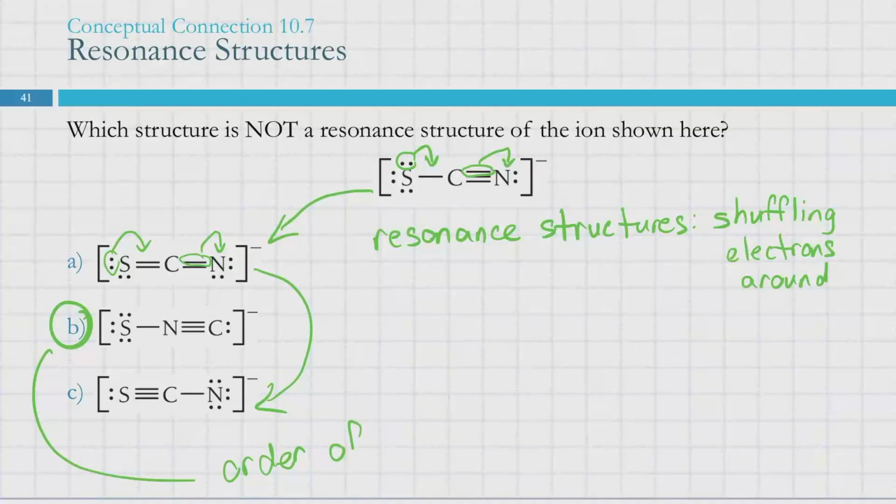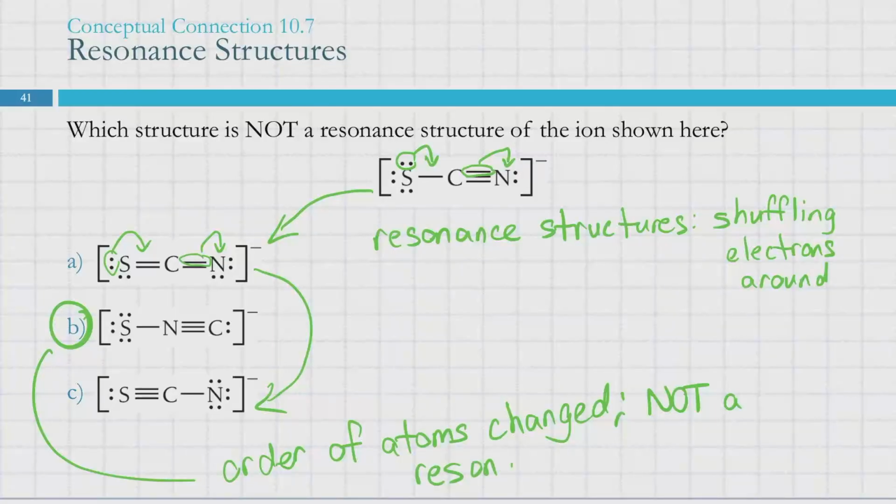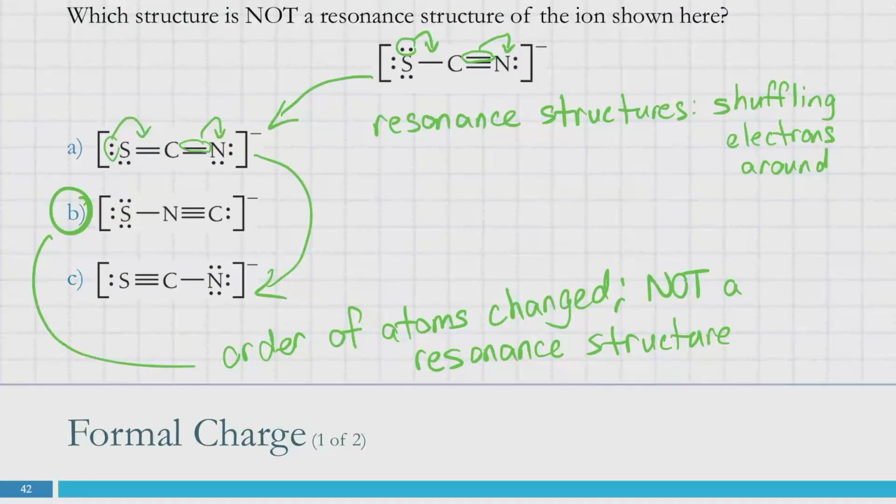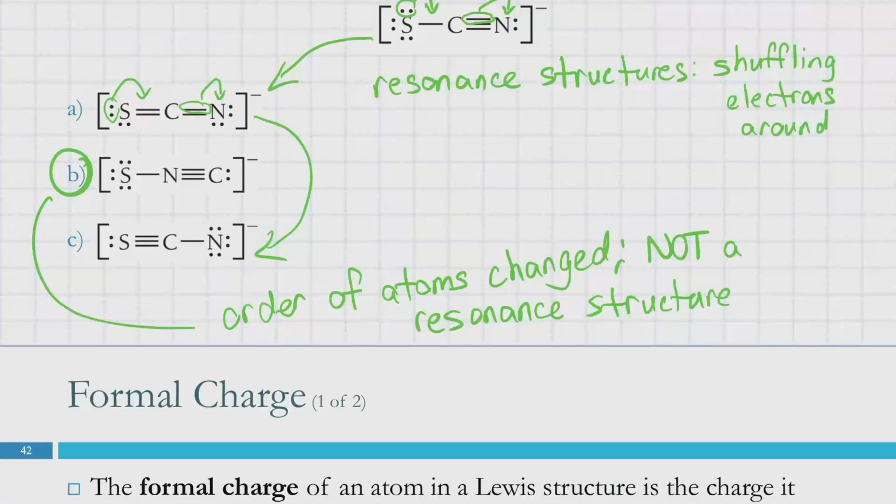So the order of the atoms changed, not a resonance structure. So we're just shuffling electrons. We're not changing where any of our atoms are.